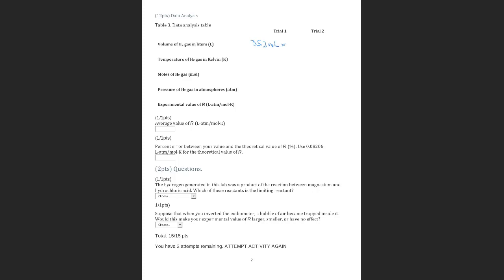And then I know you probably do it directly, divided by 1,000. But another way is 1 liter equals 1,000 milliliters. So for trial one, I obtain 0.0352 liters. That is for trial one.